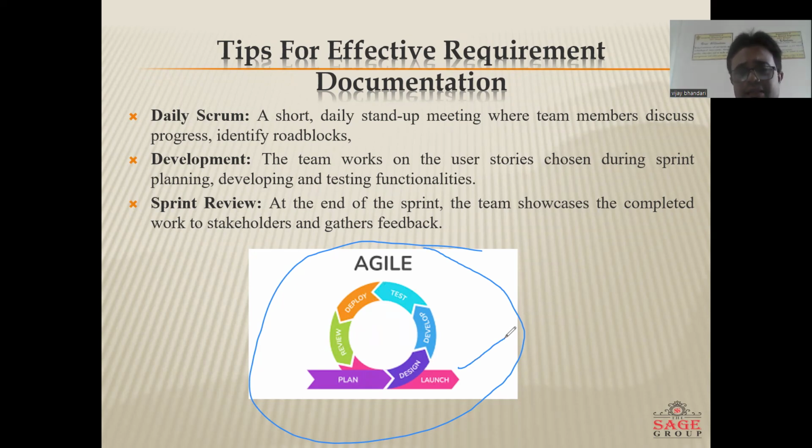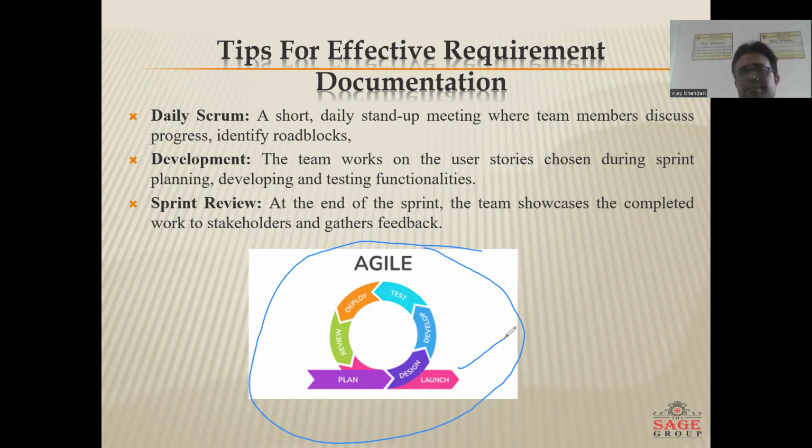In the daily scrum meeting, a short daily 15 or 30 minute stand-up meeting, the product manager and managers are involved and discuss progress with the team members, identifying the roadblocks. After this comes development. The team works on the user stories chosen during sprint planning, developing and testing functionalities.